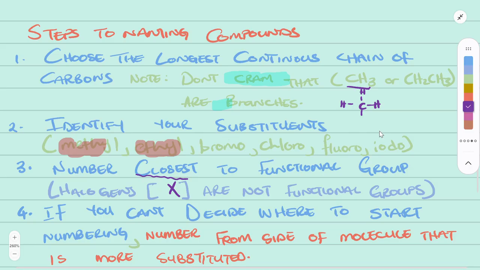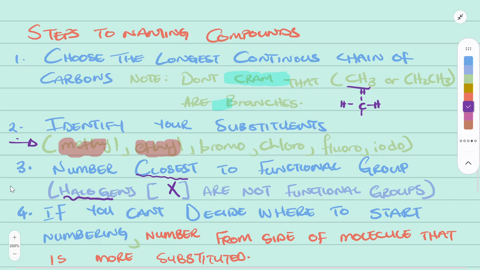You can also consider your double bond and triple bond as functional groups, but remember again that we are not taking halogens as functional groups. Your halogens and your side chains are going to be treated the same. No one is getting special treatment.